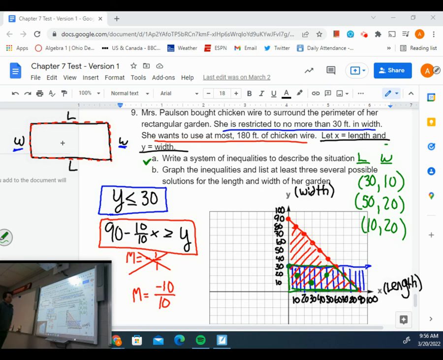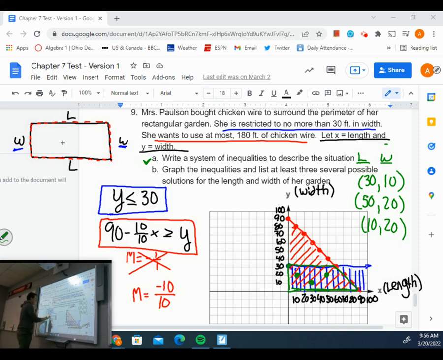Okay, and what you can do is check these to make sure they're true by plugging them not into one, but again, your solutions here have to make both inequalities true. Well, if we think about the first solution here, 30-10, does it have a width less than 30? Absolutely. Does it make this inequality true?